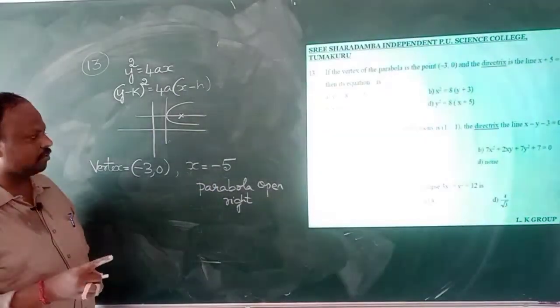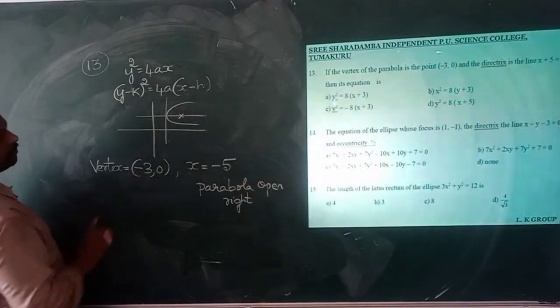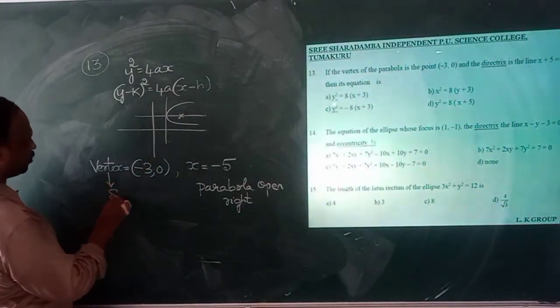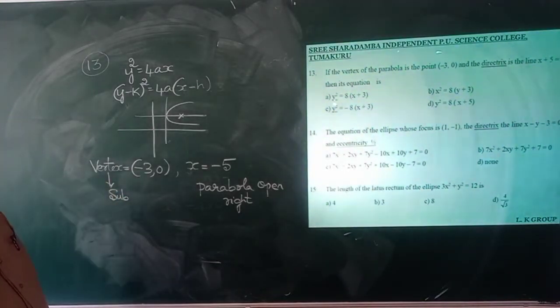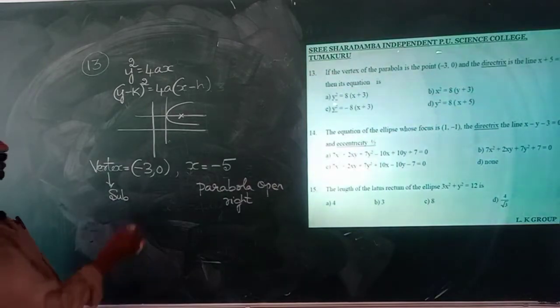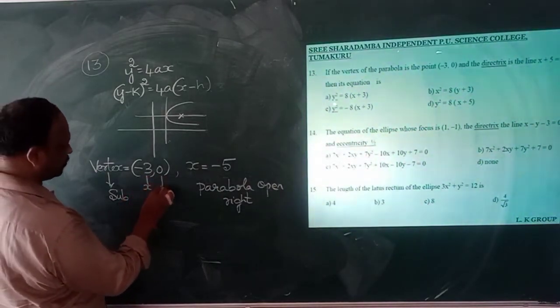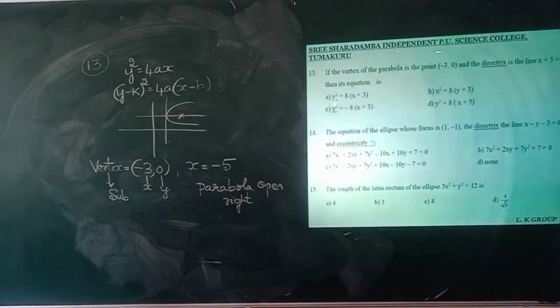Whenever x is equal to a, the parabola opens left. The vertex is (minus 3, 0). Whenever they give a vertex, substitute it in the four options, with this as the x value and this as the y value. If you substitute x is equal to minus 3, options A and C satisfy.